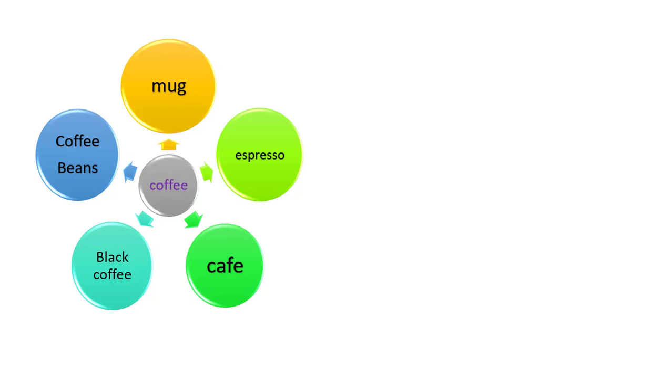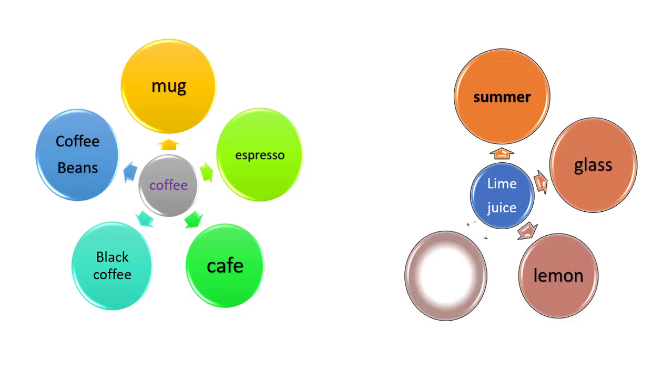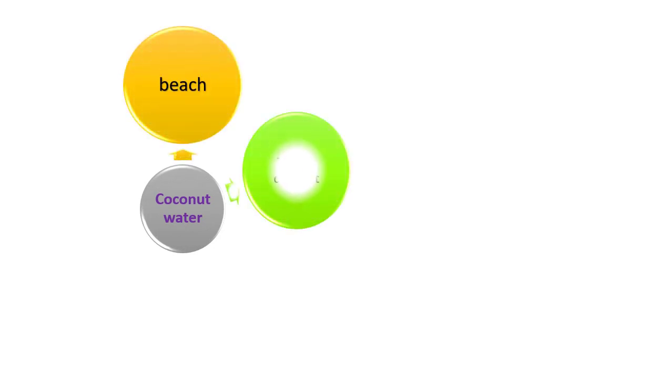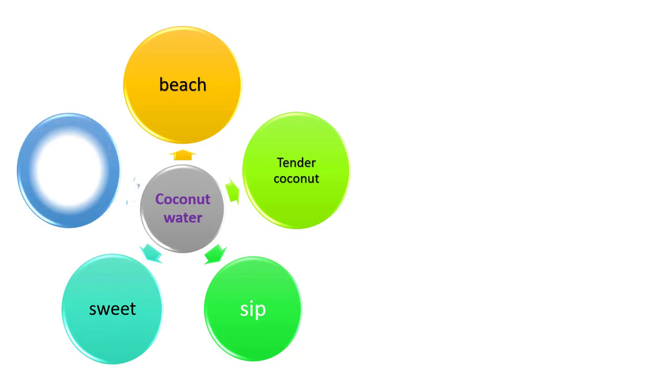Our next word is lime juice. Related words of lime juice are summer, glass, lemon, sugar or water. Next word is coconut water. Related to coconut water: beach, tender coconut, sweet and coconut tree.